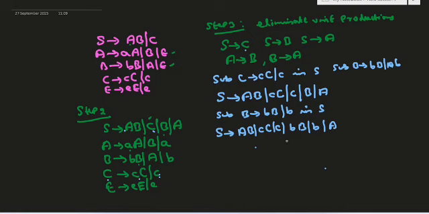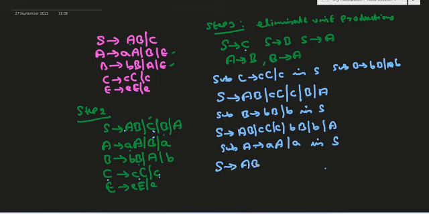A is a unit production. So how to get rid of that? Substitute A tends to, A can have small a, capital A, and small a. Okay, I am not substituting this B because B is already having a unit production; we are not bothered about that. Now when I substitute in S, wherever A is there, A can be replaced by small a, capital A, and small a.